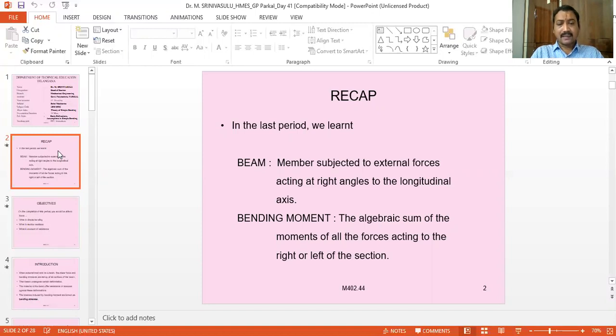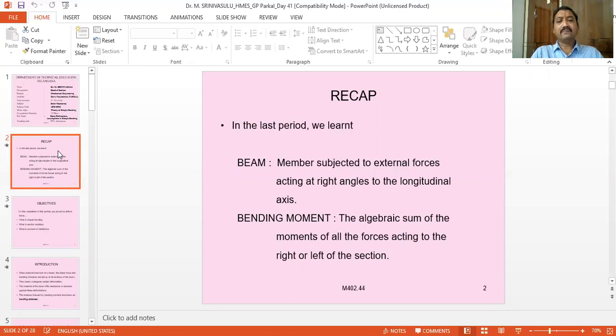So the knowledge of the above chapters is required here. So in the previous classes we have studied about the beam, bending moment, shear force, like that.